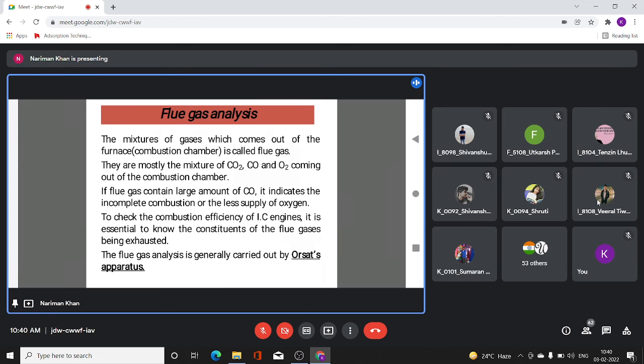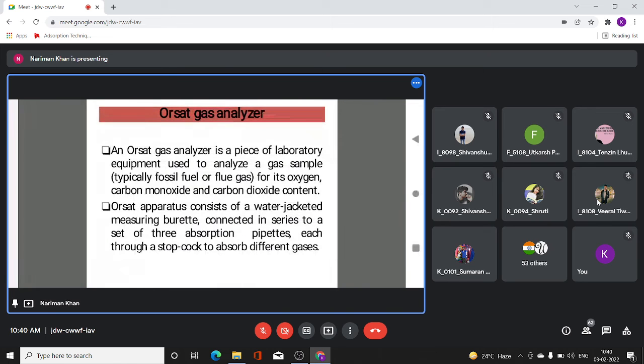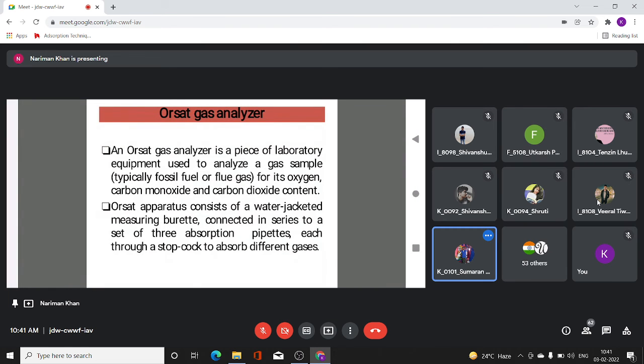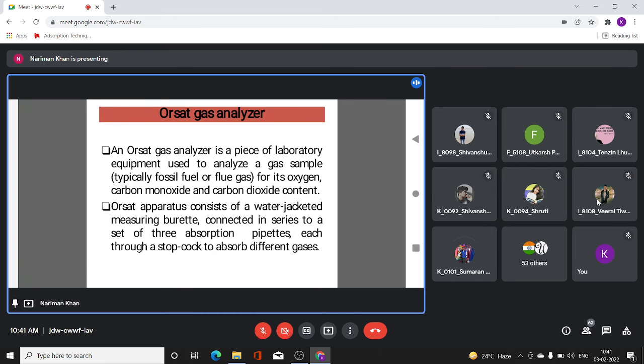Okay. For the analysis of flue gas, we use the Orsat gas analyzer. So what is the Orsat gas analyzer? It is an equipment which is used to analyze a mixture of gas.